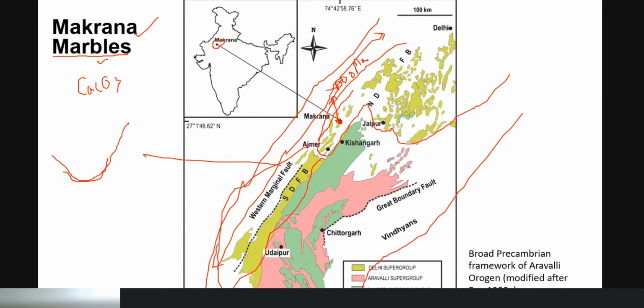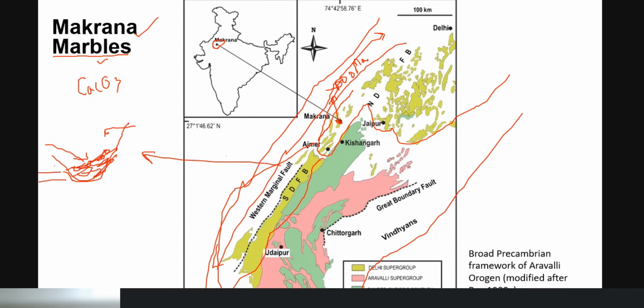Suppose like this. So what happened when there is a basin? It is water-filled, and through sedimentation, what will happen? Here you will get sedimentary deposit. So what happens at around more than 1000 million years?